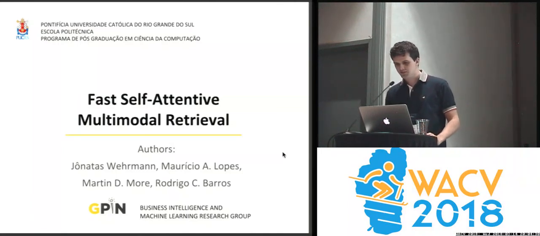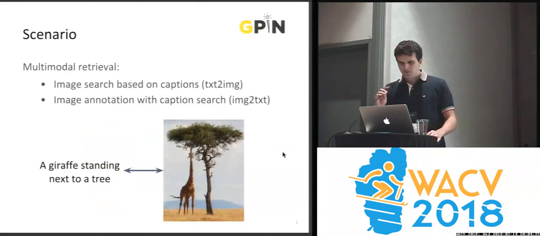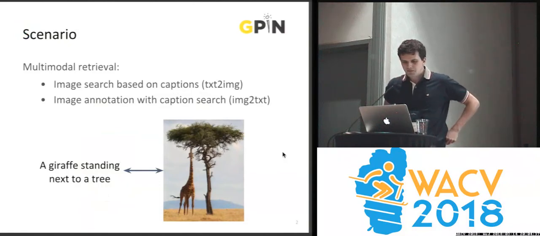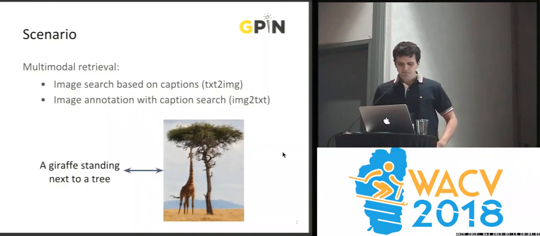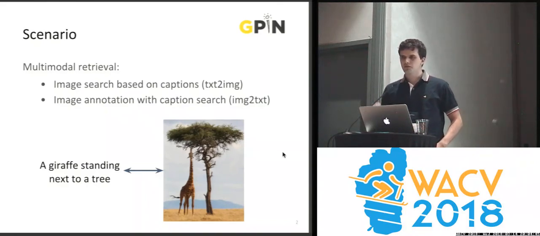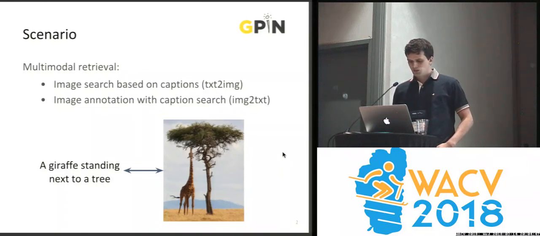I'm one of the authors of Fast Self-Attentive Multimodal Retrieval. This is a core task for computer vision. The idea is to retrieve images from text and vice versa.